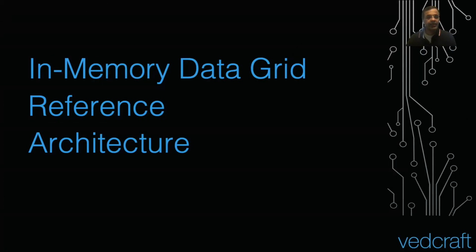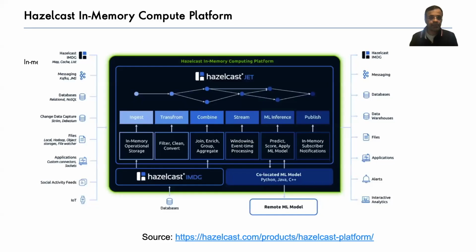So having said that, I'll quickly share what you can achieve out of caching and in-memory data grids. Here are a few examples I've taken as reference architectures. The first example is from Hazelcast itself, where they have created a compute platform using caching, where the data grid is sitting in between, with the data store, and the computing is also powered by the caching solution.